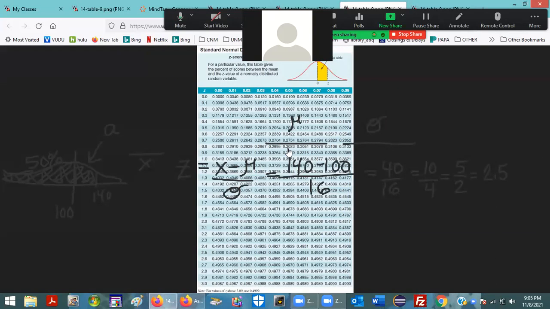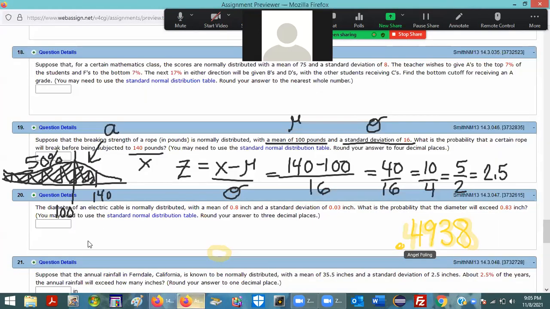So we have a z-score of 2.5. That gives us a value here of 4938. Okay, so we're going to add the 49.38% to that 50%.